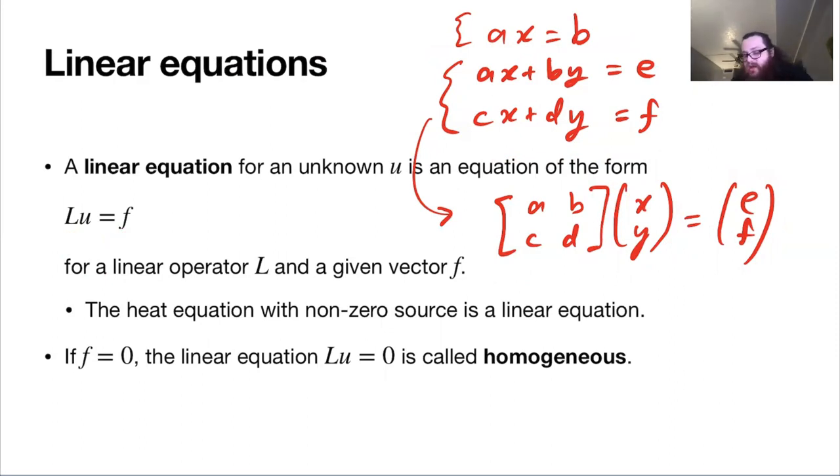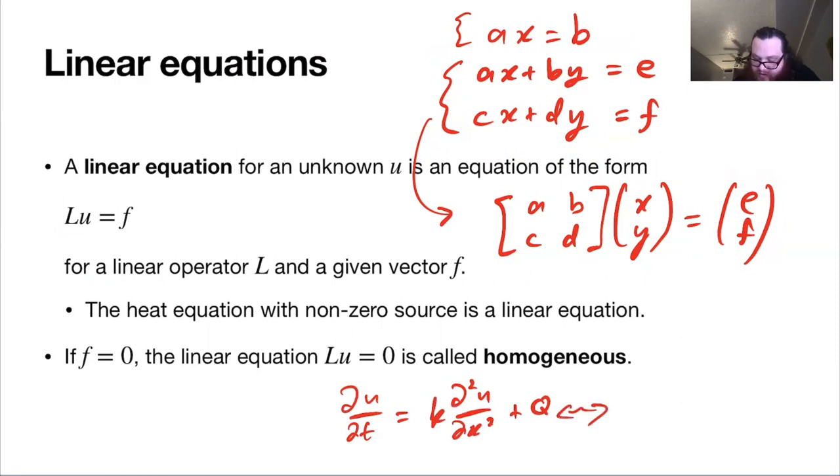Okay, heat equation with non-zero source. So that looks like du dt is equal to k d squared u dx squared plus q.